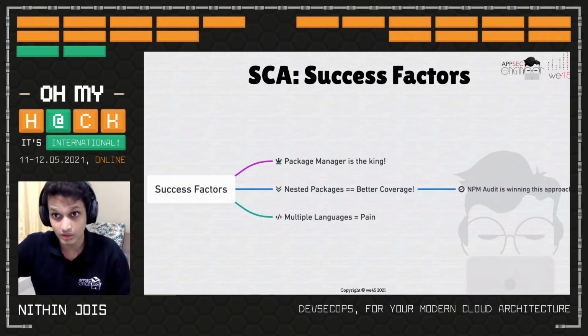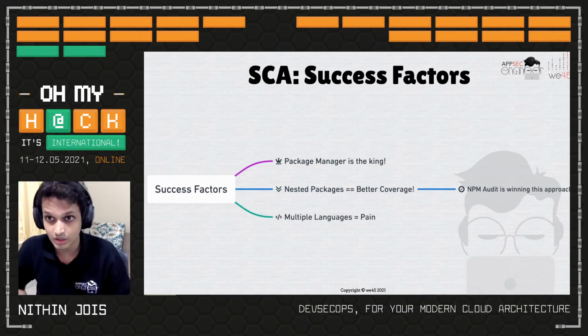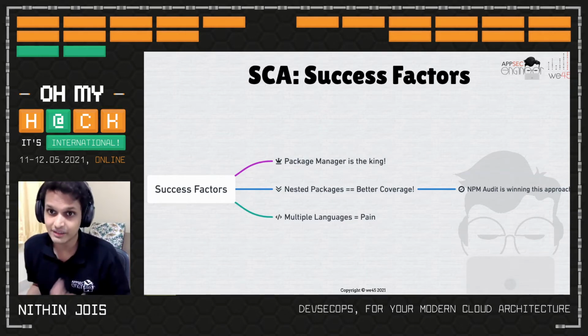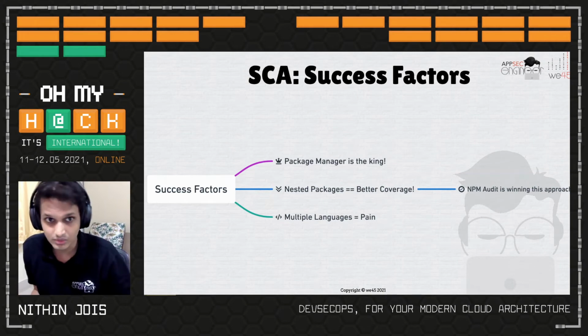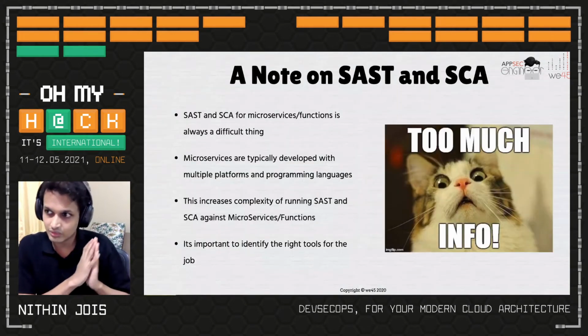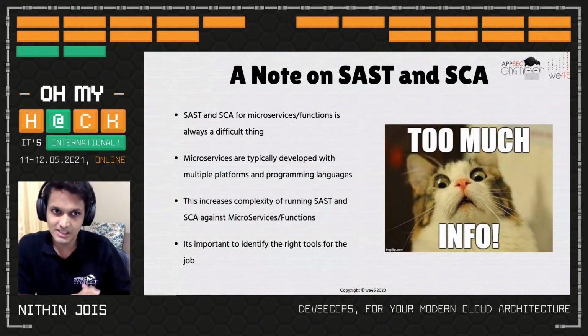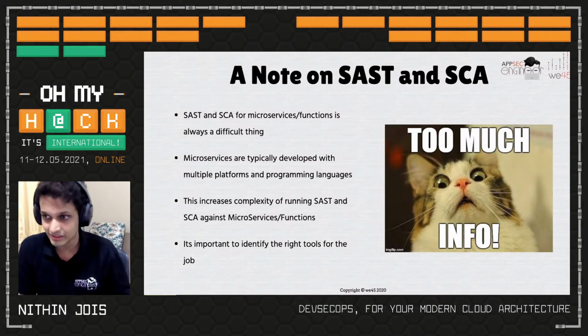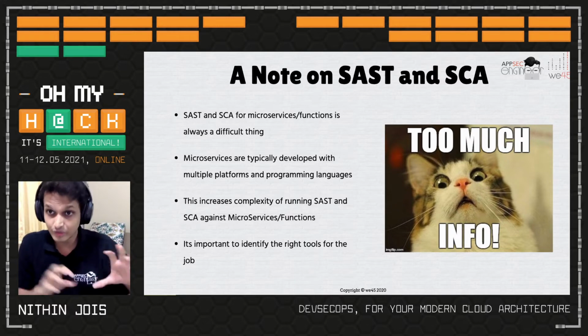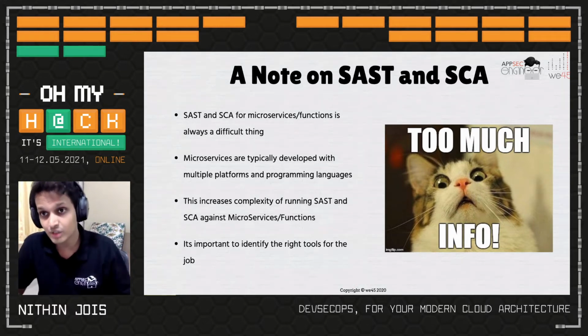And it's going to tell you some of the security implications in case you go ahead and install a vulnerable package. And at the same time, if you are going to be using multiple languages, it's going to be a pain to deal with multiple tools, right? So when it comes to SAST and SCA, especially for microservices or functions, it's always going to be a difficult thing, because typically speaking, all of these microservices are going to be written in multiple programming languages.